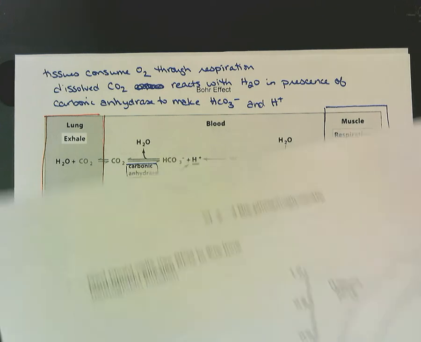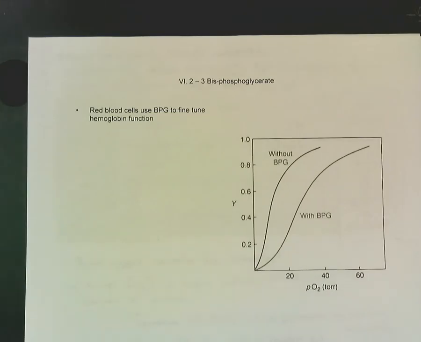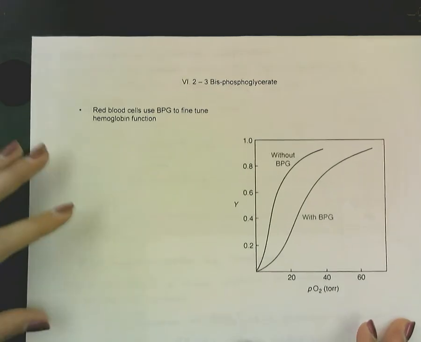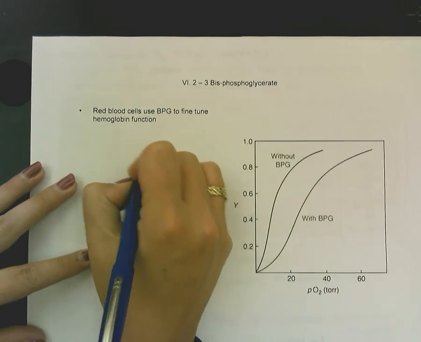Then let's talk about 2,3-BPG. 2,3-bisphosphoglycerate has a structure that looks like this.